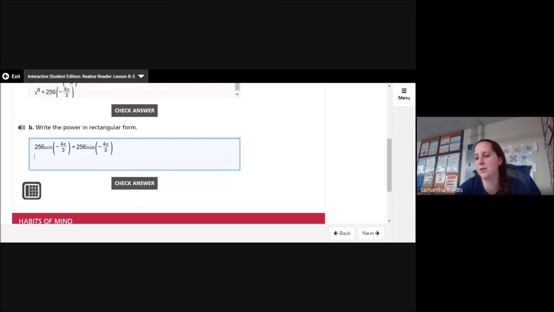Okay. So cosine of 4 pi over 3 is negative 1/2. So 256 times negative 1/2 plus sine of negative 4 pi over 3 is negative square root of 3 over 2. 256 negative square root of 3 over 2. Okay, so when I multiply that through, I get negative 128 plus 128i square root of 3.